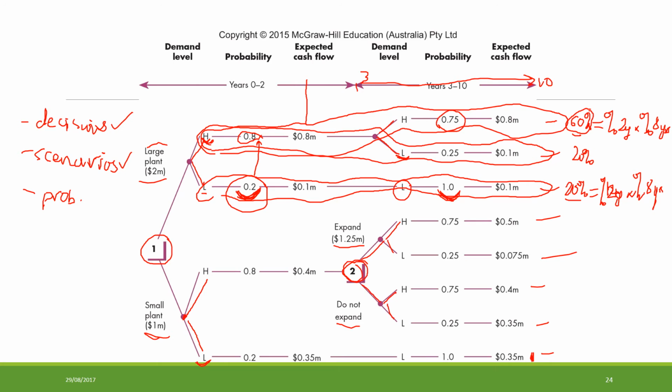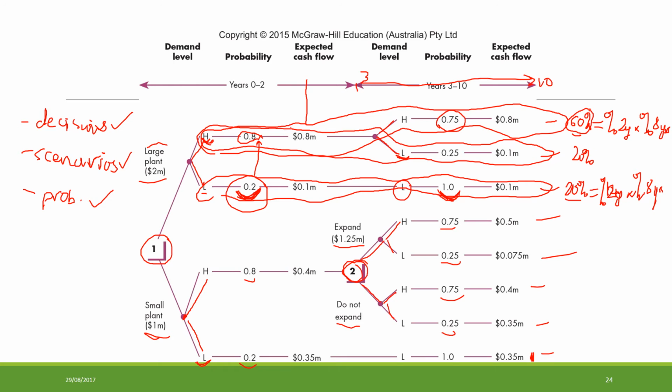Okay. We then do the same exercise for the small plant case, and we work out the probabilities in here, right? So given that we build a decision tree, we build the branches, we work out the probabilities.